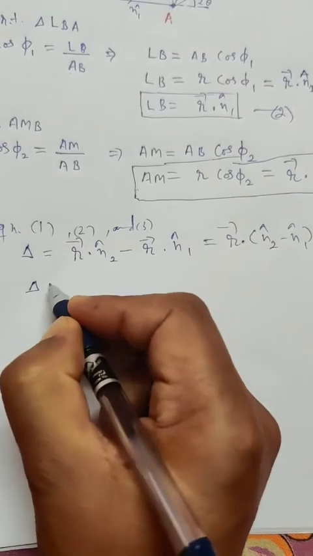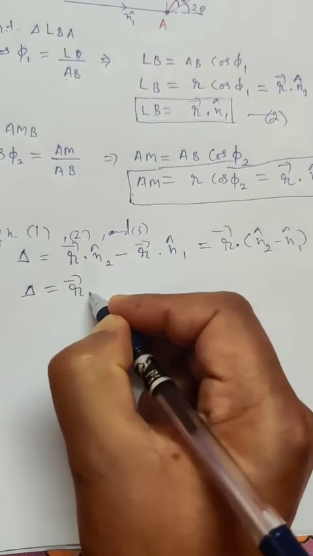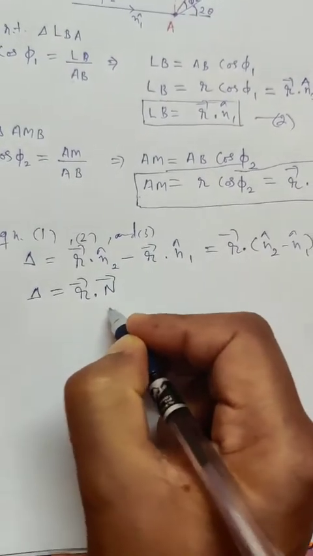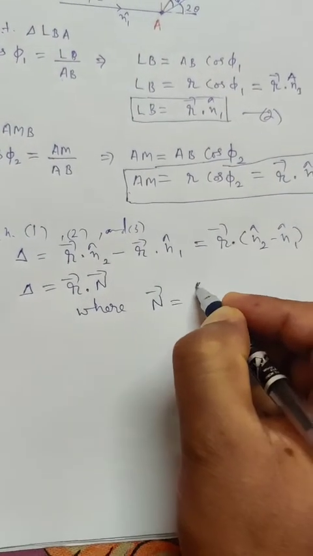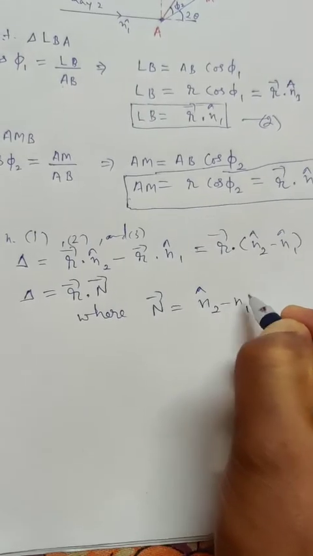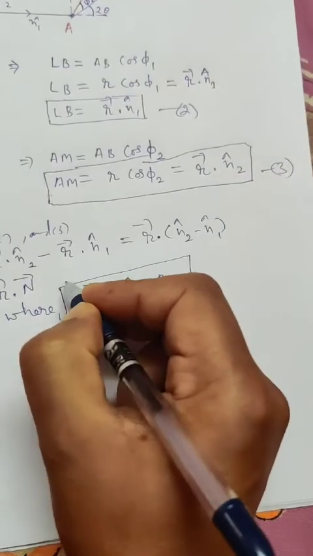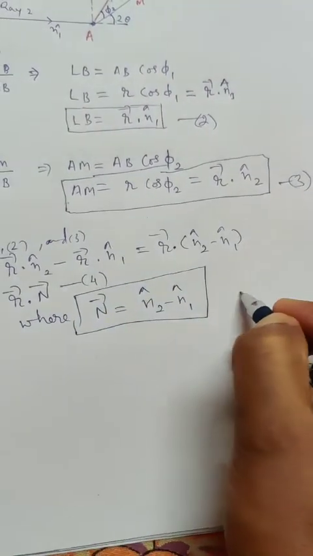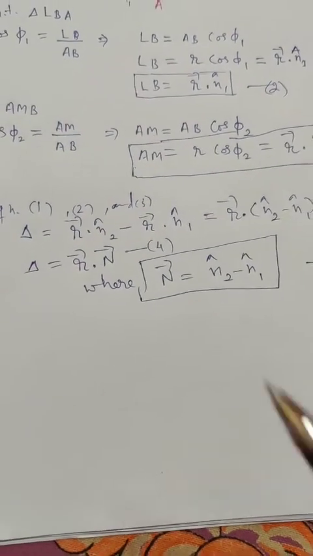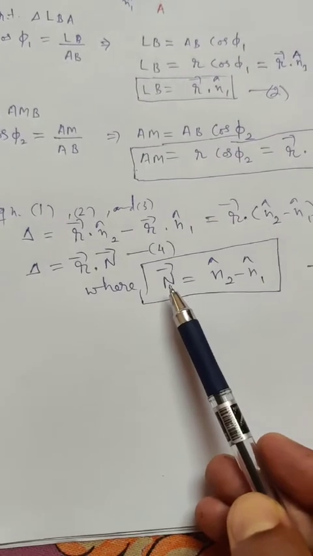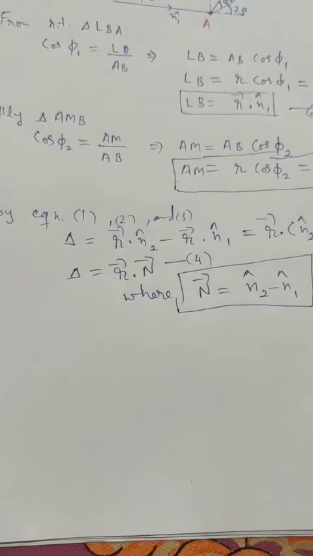You can describe this by another vector: R dot capital N vector, where the capital N vector is the difference of these two unit vectors, n2 unit vector minus n1 unit vector. This is equation number 4 and this is equation number 5.